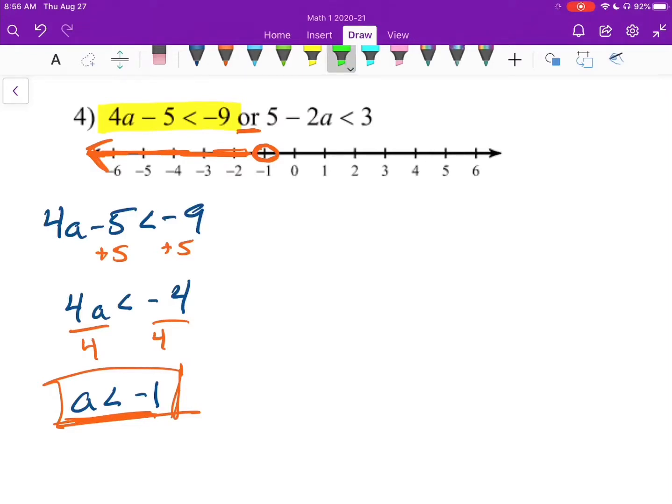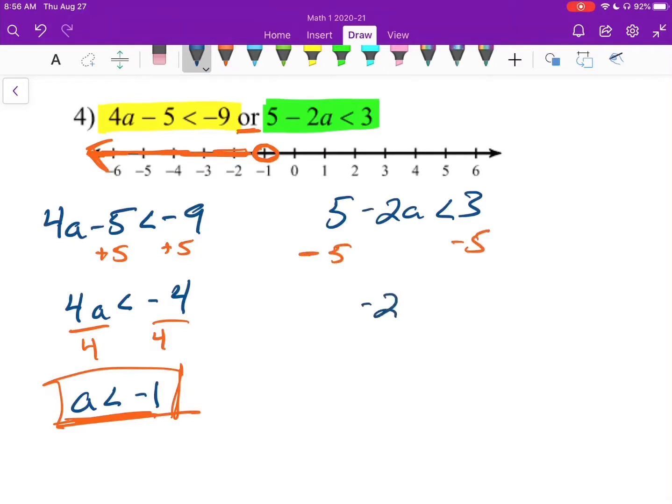Next up, we have this guy here. So we're going to have 5 minus 2a is less than 3. I'll subtract 5 from both sides, and I get negative 2a is less than, what was that going to be? Negative 2. Divide both sides by negative 2.